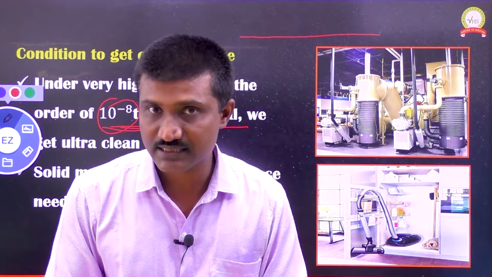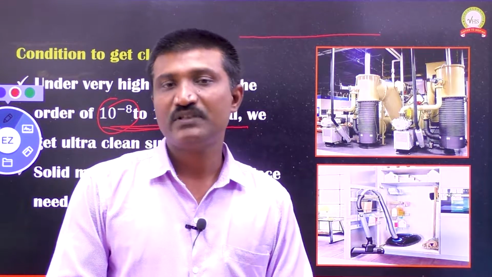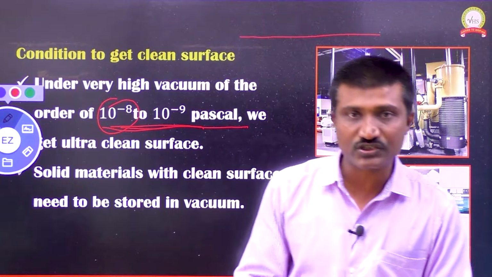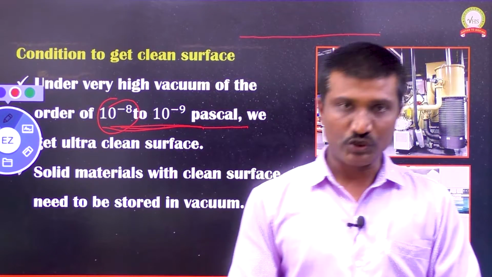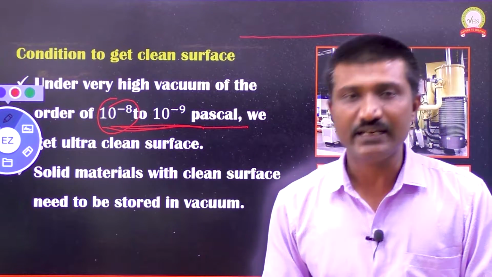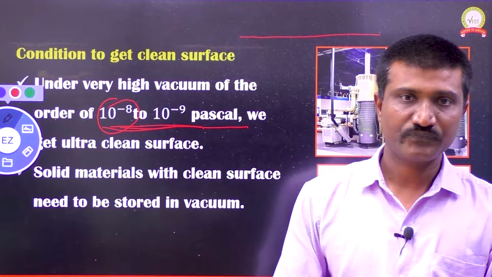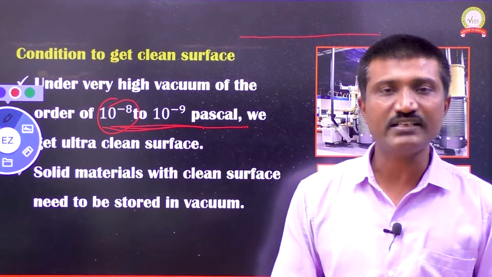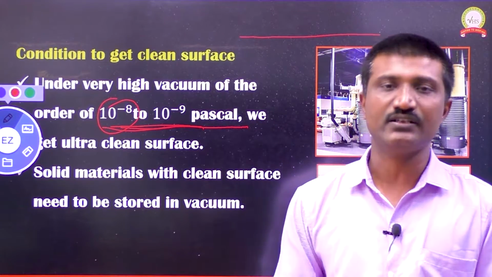So we always have to keep the substance which is providing the surface in a reaction in a vacuum or in a special condition environment, so that no gases are there and the surface is in a free state, which readily participates in a reaction.